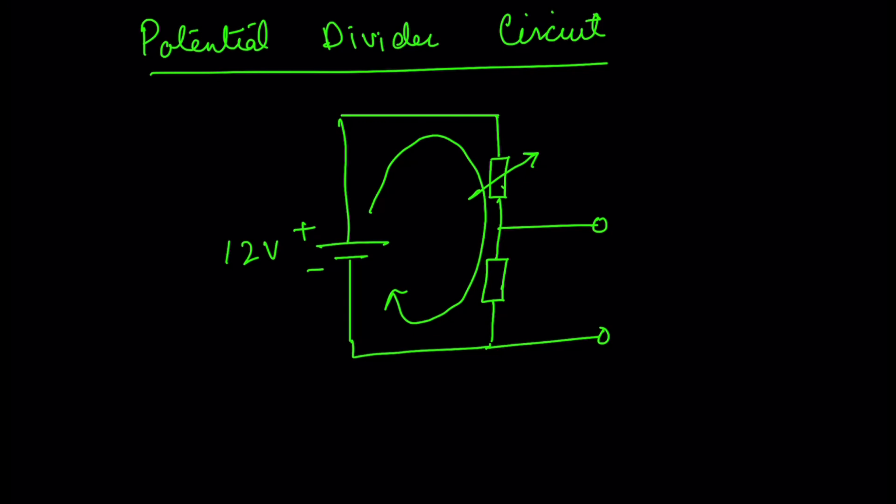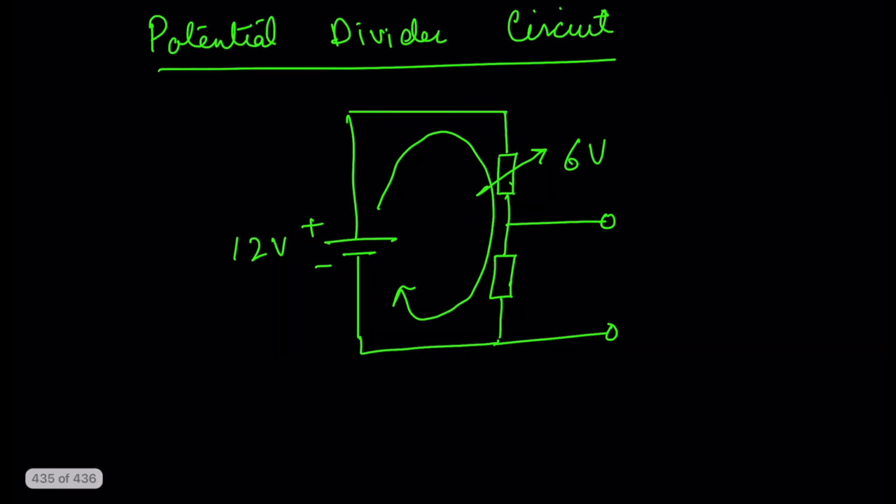If 6 volts are dropped across the variable resistor, then the remaining 6 volts will be dropped across the other resistor. Why? Because as we have just discussed in the series circuit, the voltages across the resistors add up to the total voltage. So 6 plus 6 is equal to 12.